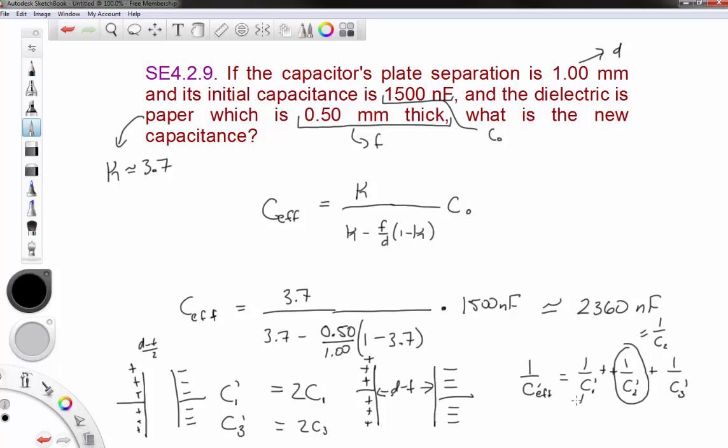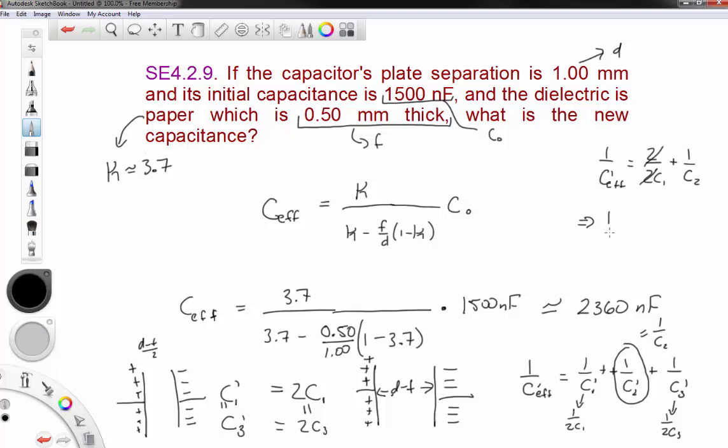So notice that this term right here is equivalent to 1 over 2C1. This term right here, 1 over 2C3, and C1 and C3 are equal, so we can actually write an equal sign in here. So if you add these two together, you end up with 2 over 2C1, and so you end up with, run out of space at the bottom, 1 over C effective prime is equal to 2 over 2C1 plus 1 over C2.